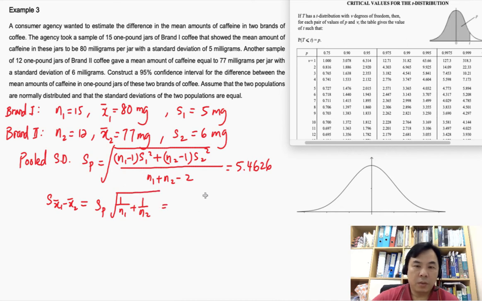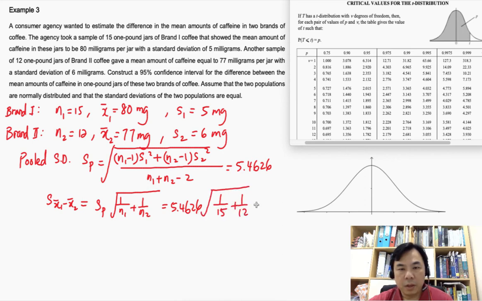So from here, we will get 5.4626 multiplied by the square root of 1 over 15 plus 1 over 12 here. And then eventually you will end up with, based on the one that I have pre-calculated, 2.1157 here. Right, now that will be our margin of error at this point of time.